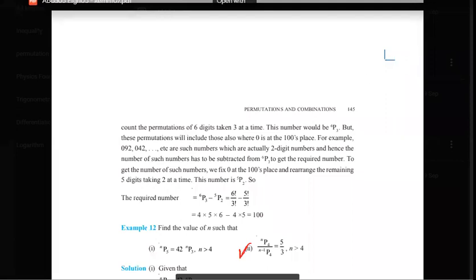Yes, very good. I got some answers. Okay, Vaishnavi, we will check. This is what I can write.